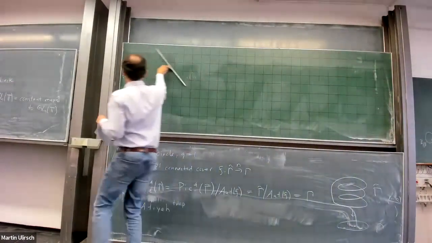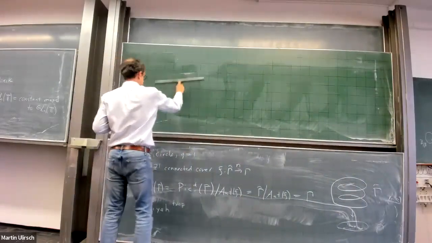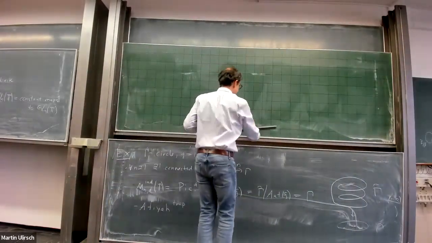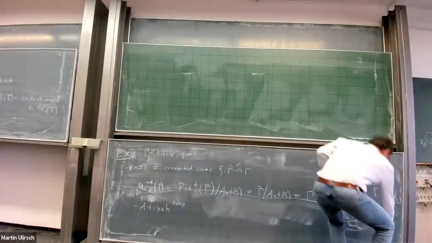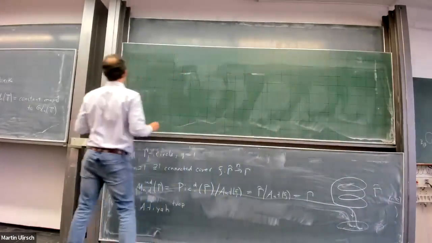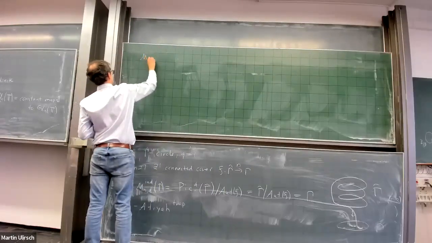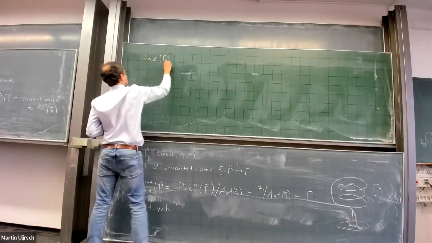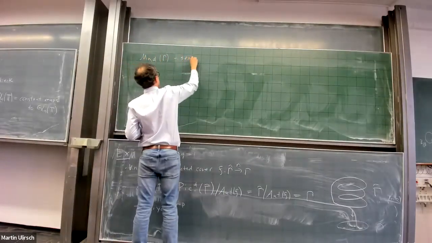So if you have a semi-stable bundle, that means it can have several connected components, but all of them have to have the same slope. So now I want to construct M_{n,d} of gamma. So these are the semi-stable bundles.